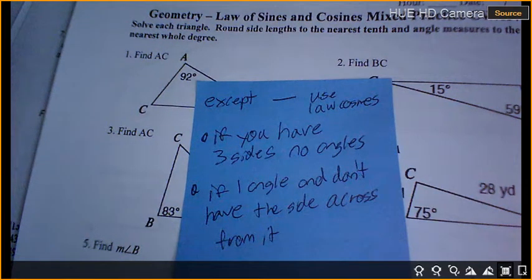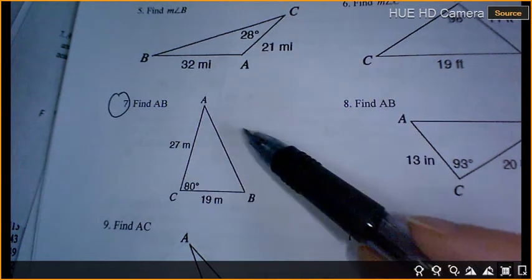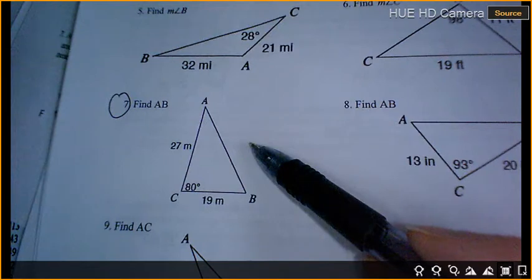Okay, so let's just look at a couple cases to figure out what those mean, some examples. All right, let's look at number 7. Number 7 right here, we have 1 angle and we do not have the side across from it, so we're going to have to use law of cosines.